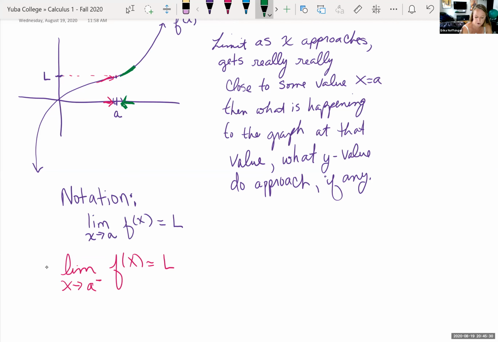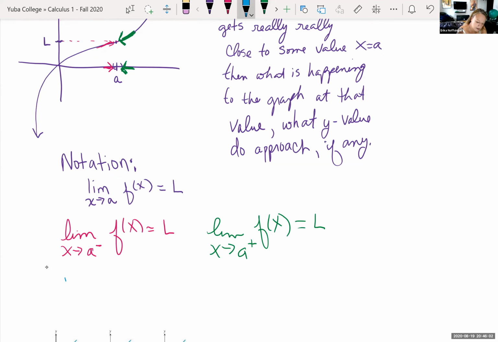So I'd go up to the graph to the right of that point, and the limit as x approaches a on the right, so put a superscript of a plus sign, f of x is equal to L. So in order for a limit to exist, the left-hand side limit has to be the same as our right-hand side limit.